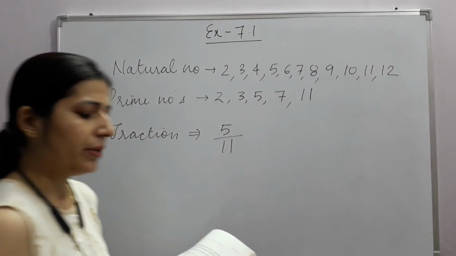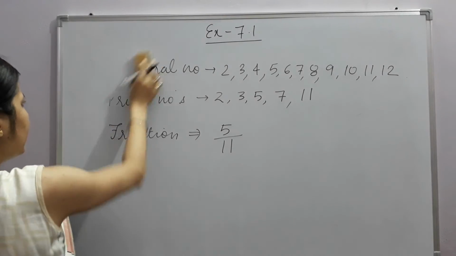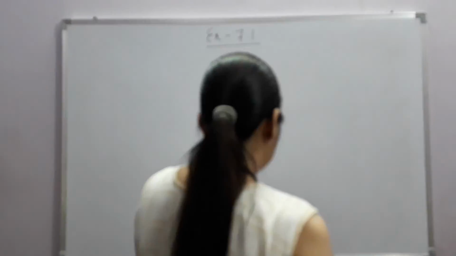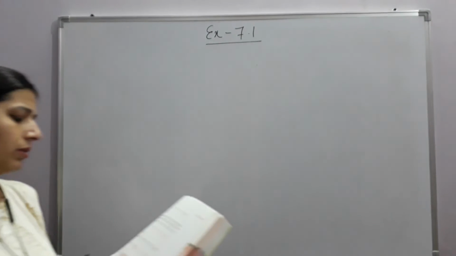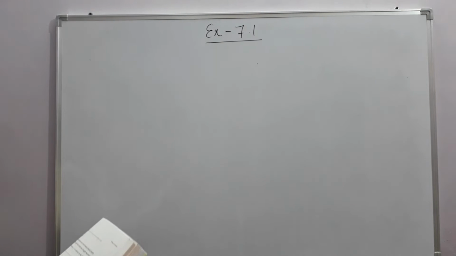One more question I will be explaining to you from this exercise is question number 11. Let's start with the question. Let's read it first. Christian received a CD player for her birthday. There is one girl, Christian, who received a CD player on her birthday. She bought 3 CDs.